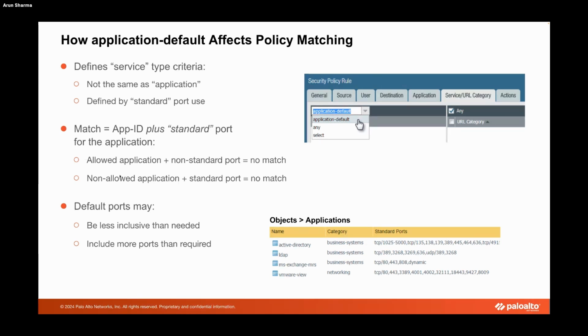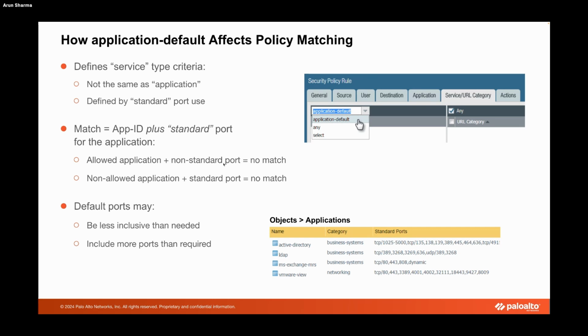Over here, this is the example. Let's say the application is allowed, but the port is not matching, so it will not be matched. And if we have a non-allowed application but the standard port, it's not going to match. So we can say the allowed application is HTTP plus non-standard port 90.